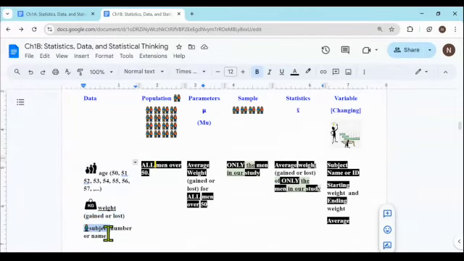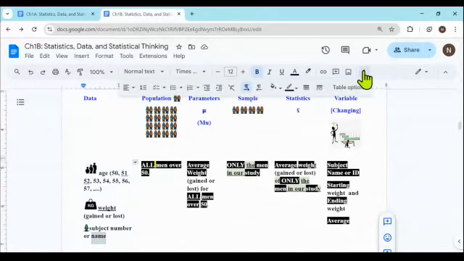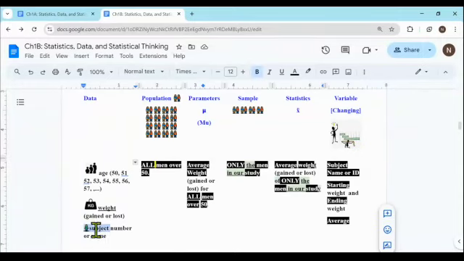Then subject number or name. I do not recommend that you put the name, because it could be embarrassing to ask somebody for his name when he weighed like 200 pounds or 200 kilos. It's recommended to take a subject number instead of a name.